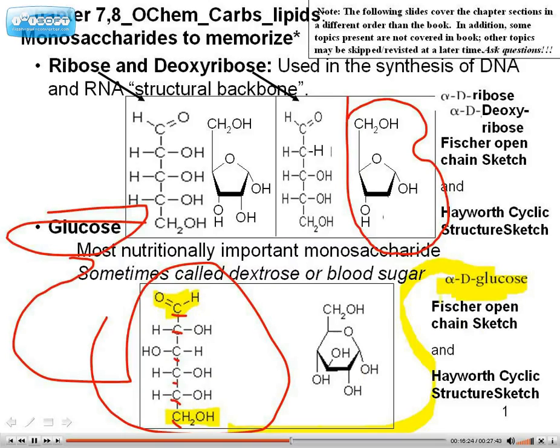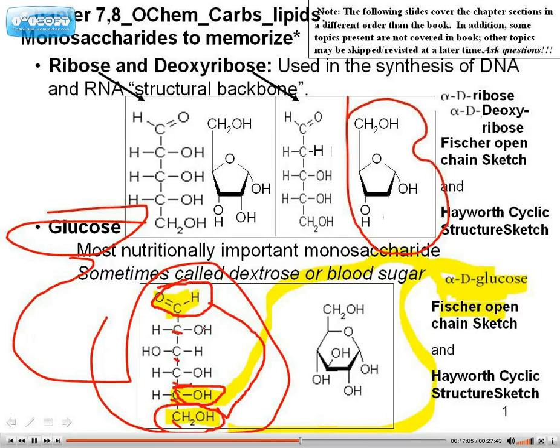On the Fischer open chain sketch, you can appreciate that this is a D-glucose because the second from bottom carbon has its alcohol on the right hand side. So therefore it's a D-glucose. As far as memorizing it, that's a big hint. You should memorize there's 6 carbons with the aldehyde up top, the alcohol on bottom, and the second from the bottom alcohol is always going to be on the right hand side.